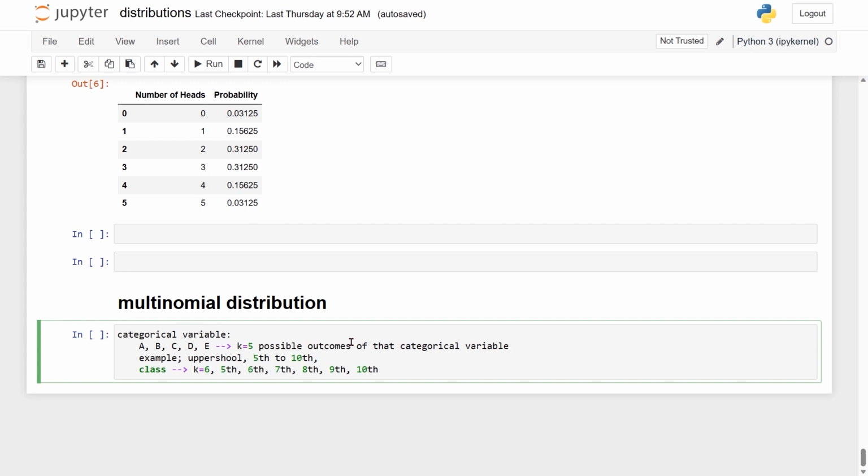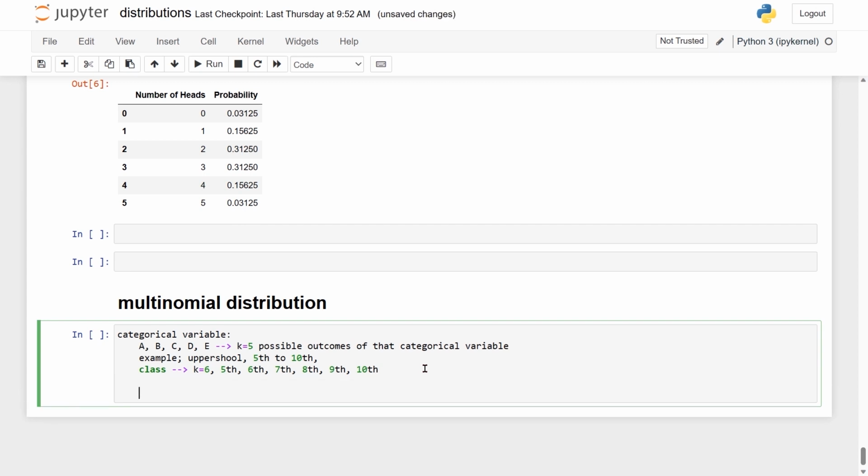And we observe this variable n times, let's say we observe this variable n times independently. That's the second condition.